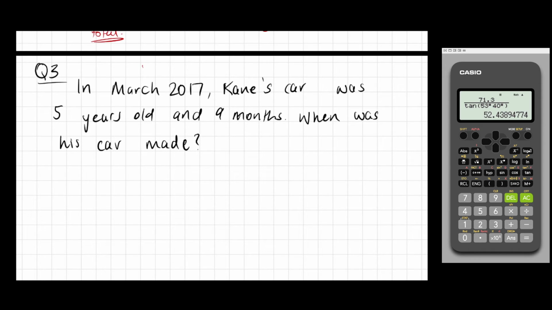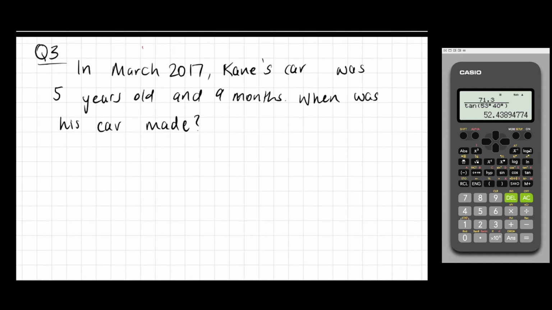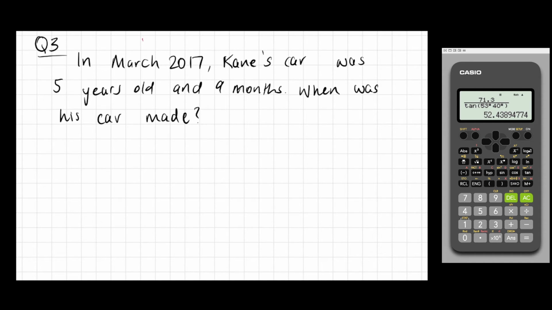Instead of dealing with specific times now, we're dealing with months and years. Let's start off by focusing on the years. This time we're in the present and we want to work out when back in the past it was.